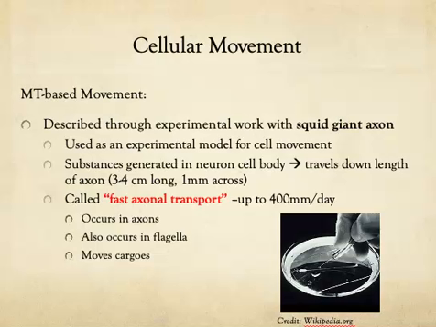So the original work on motor proteins and microtubule-based movement was done using axons. Now, we haven't talked about neurons yet in any detail, but the axon is the longest extension, the longest membrane extension that you find on a neuron. And it is the structure that conveys the sensory information that the neuron picks up along to the next structure.